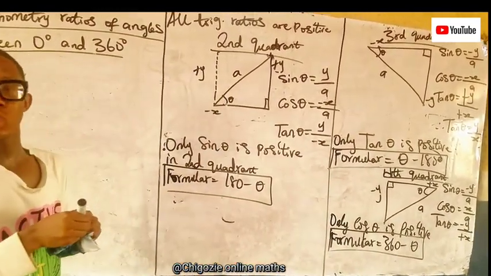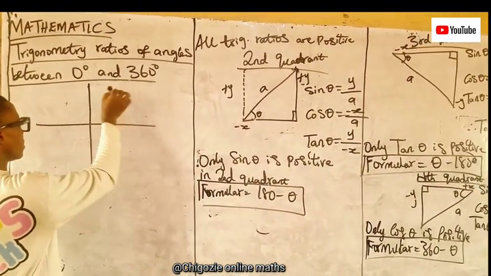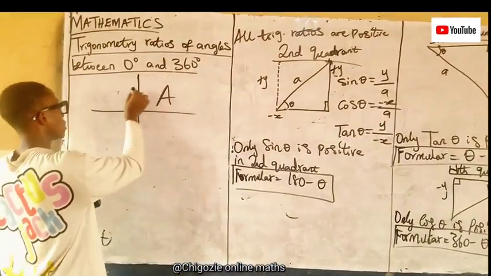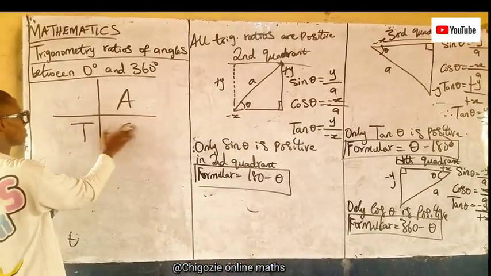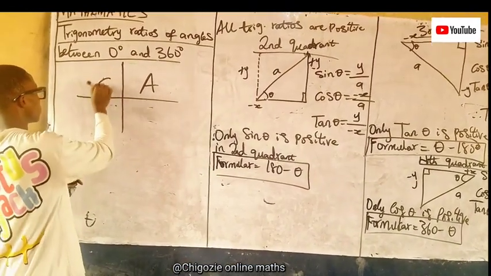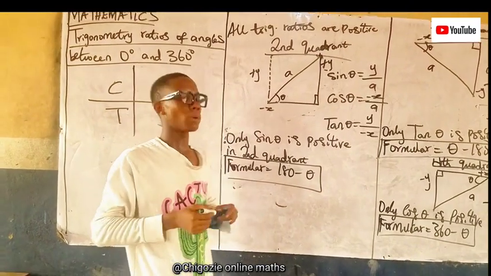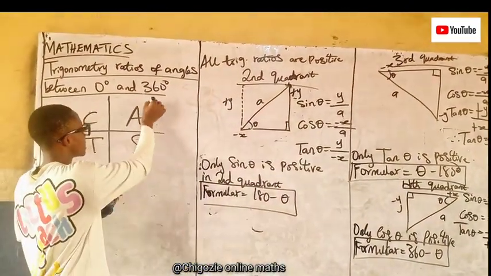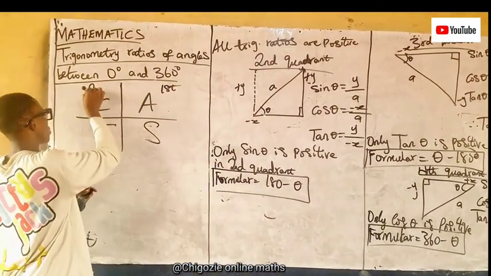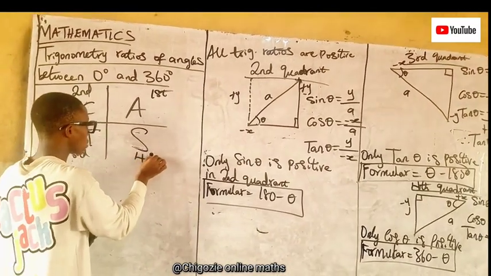Now, we make use of what is called ASTC to memorize all these quadrants. Remember, here is the first quadrant, here is the second quadrant, here is the third quadrant, and here is the fourth quadrant.